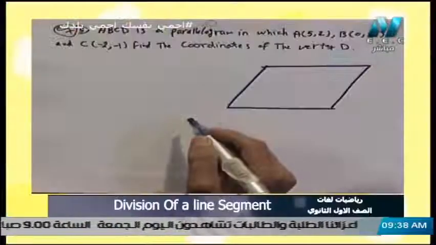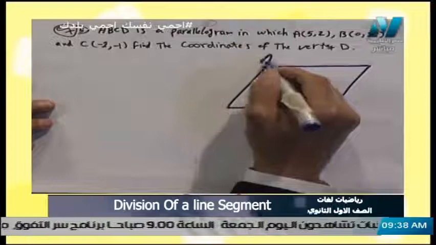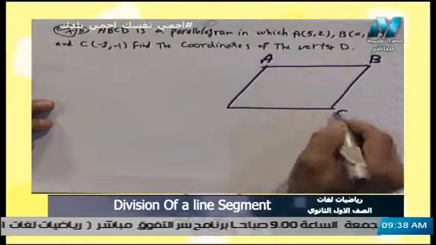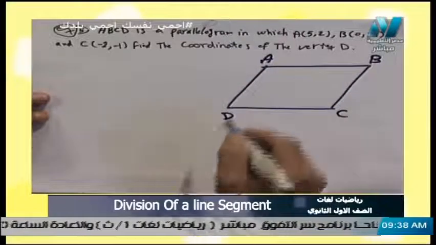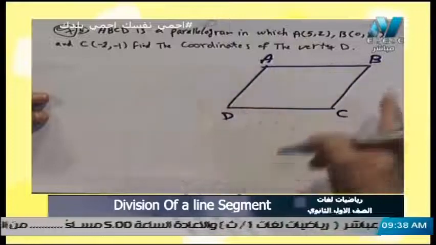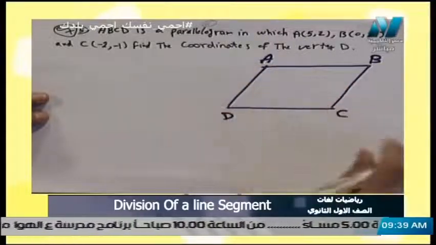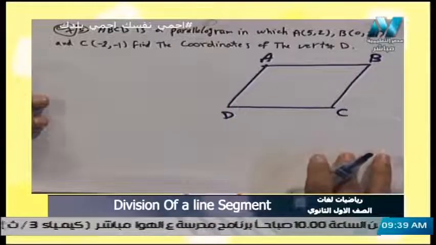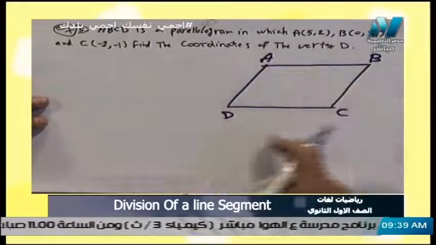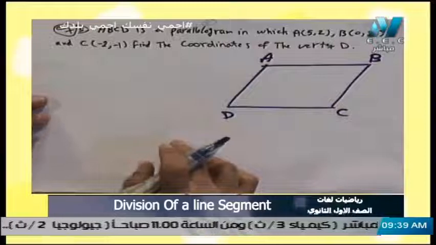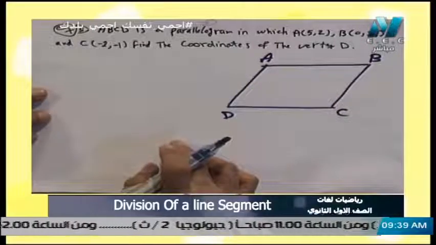We have a parallelogram here. It's A, B, C, D. Take it roundly. A, B, C, D. Not A, B, D, C. Some of you make a mistake here. So we go round A, B, C, D to draw the parallelogram correctly.